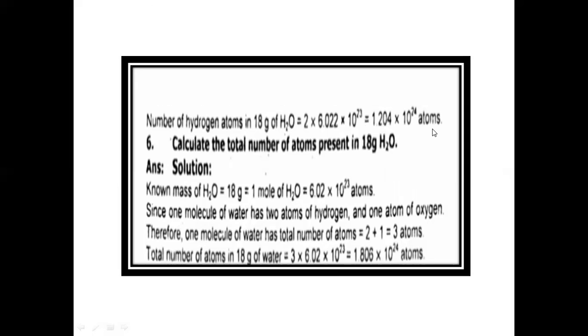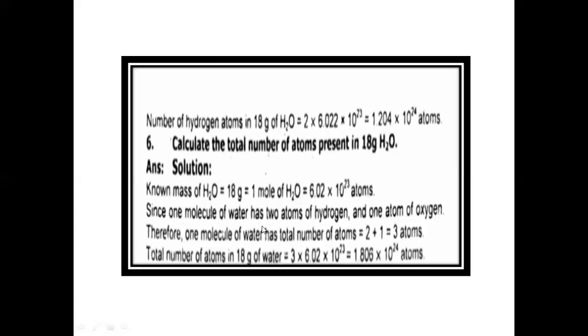Last question is calculate the total number of atoms present in 18 grams of water. It is conceptual, very important. Mass of water is 18 grams, which is equal to 1 mole of water, and 1 mole of other substances, I told you, contain Avogadro's number of particles or atoms. So in this case, 1 mole of water contains Avogadro number of molecules.